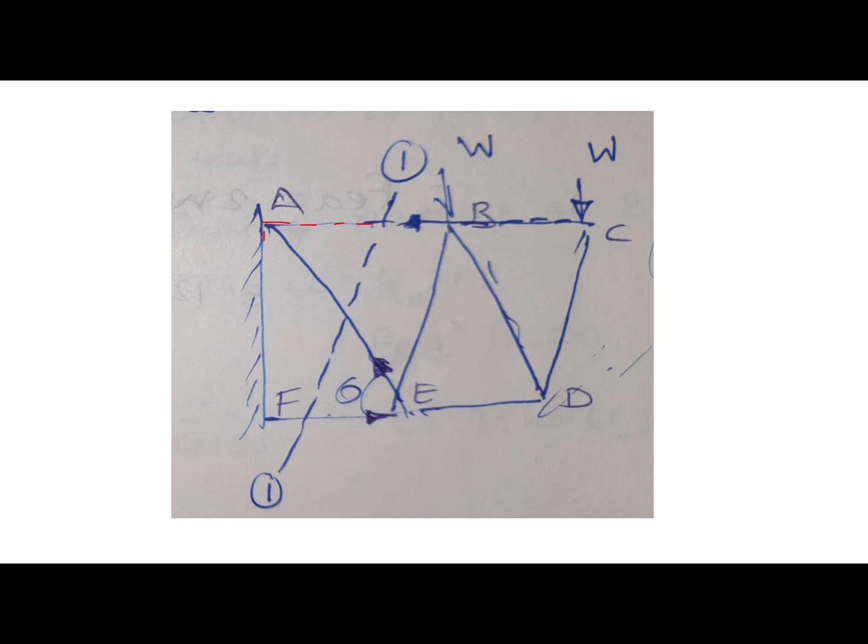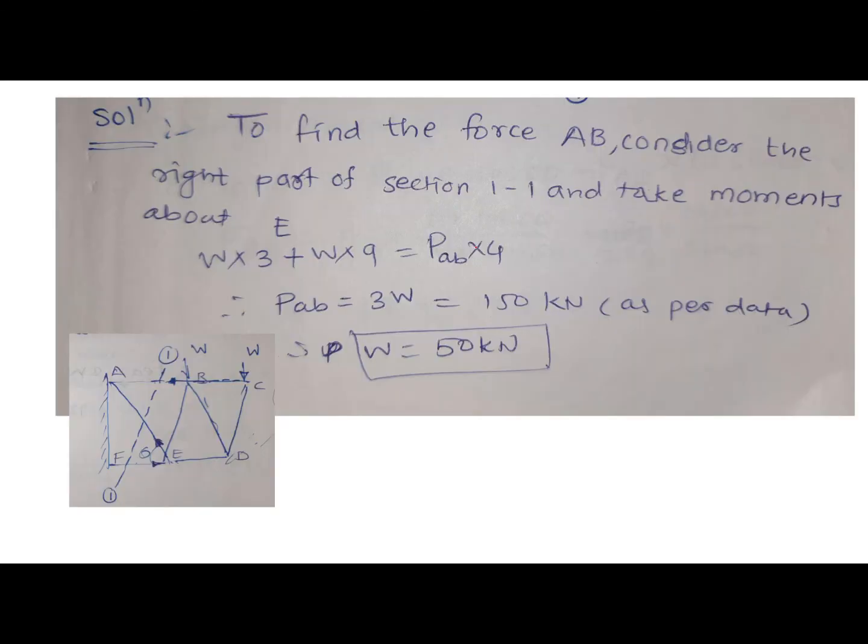So the part which we are considering should be drawn with full lines, whereas the part which we are not considering should be shown as dotted lines. In this way the diagram should be drawn and then the nature of forces should be assumed. So like that we have taken the section and we will proceed to solve the problem.